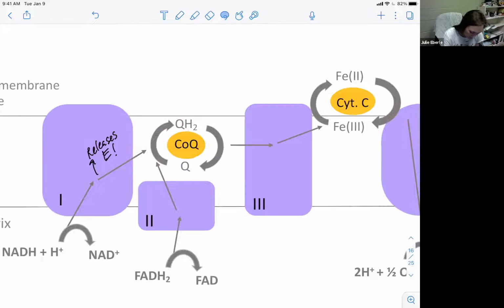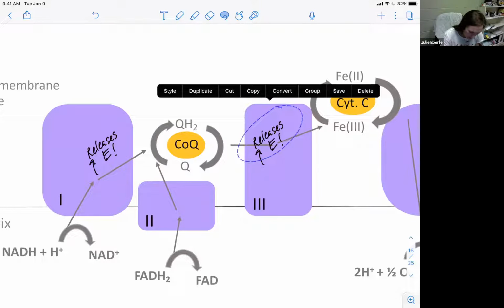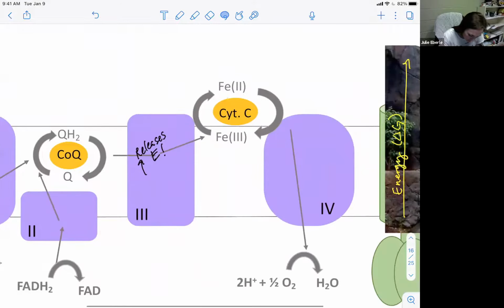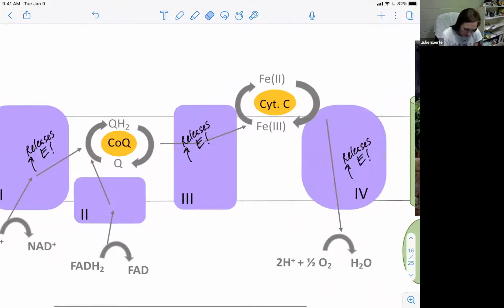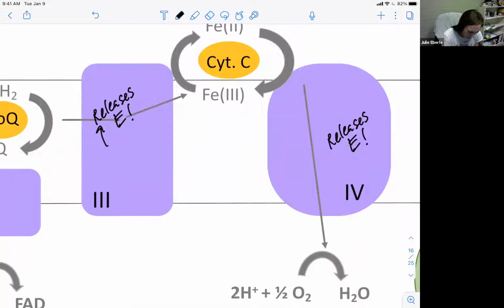Copy, paste. And then paste. Okay, so write this on complex 1, 3, and 4. The movement of electrons, this looks a little deceptive, the arrow, I'm going to write it like this, releases energy, releases energy.